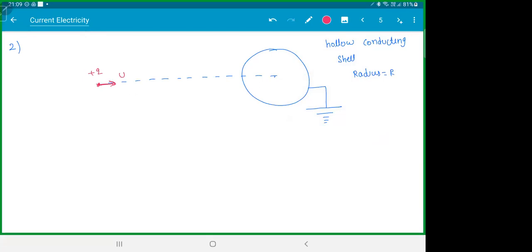Tell me one thing, as the charge is coming closer, won't the charges be induced more and more? Let's say here we have an ammeter. What does an ammeter do? Ammeter measures current. So this distance is d. Find the current in the ammeter at this instant. A charge q moves towards the center of the shell.